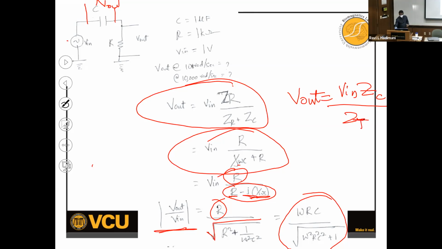Now you will have a complex number in the numerator as well as the denominator. You just simplify it, and you will get a simple expression that when you substitute the frequency, resistance, and capacitance, you will see that it blocks high frequency signal and allows low frequency signal. So you can make it a low pass filter.